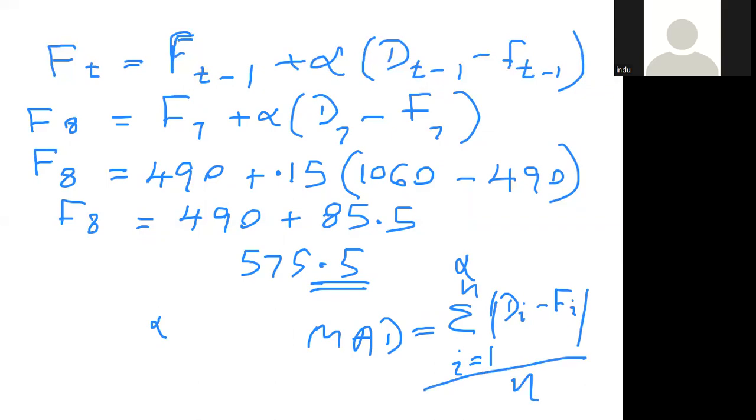So you can calculate this MAD, the mean absolute deviation, when taking quarters 4, 5, 6, and 7, and then you can check the accuracy rate.